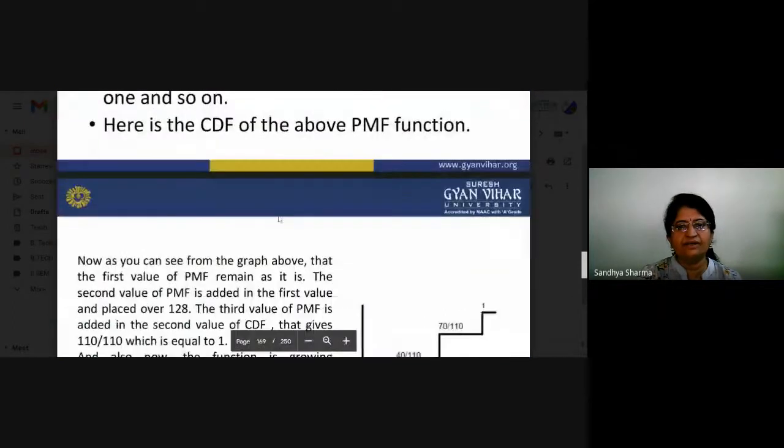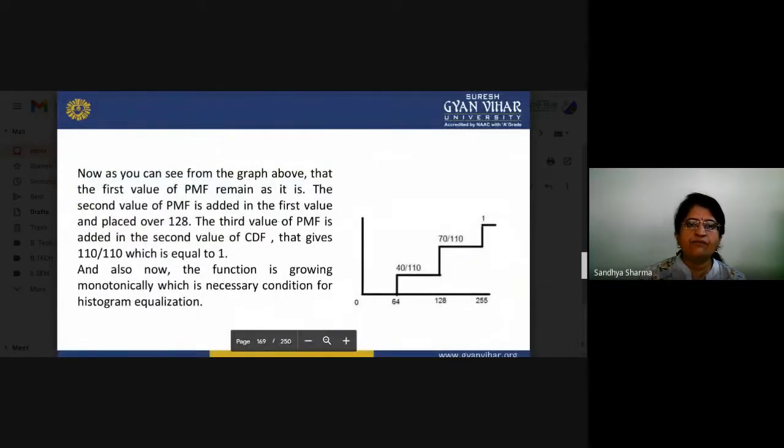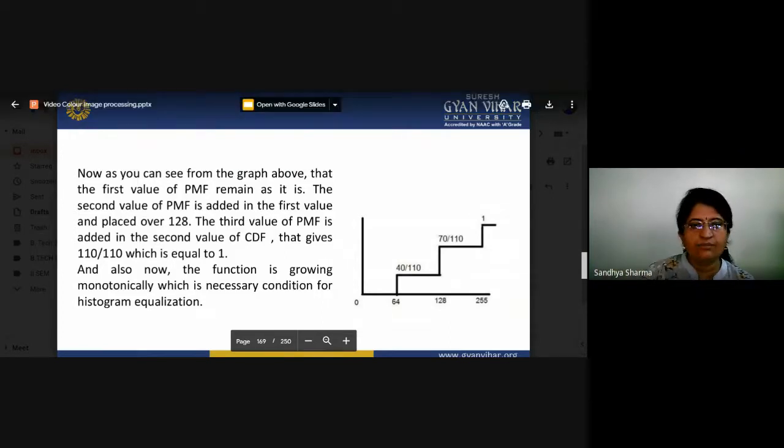We can see from the graph that the first value of the CDF is the same as the PMF. Then the second value of the PMF is added to the first value and placed over 128. The third value of the PMF is added to the second value and that will be equal to 1. Now the function is growing monotonically, which is a necessary condition for histogram equalization.